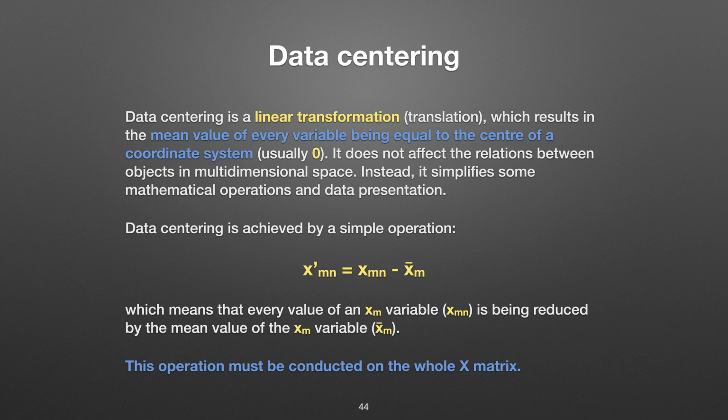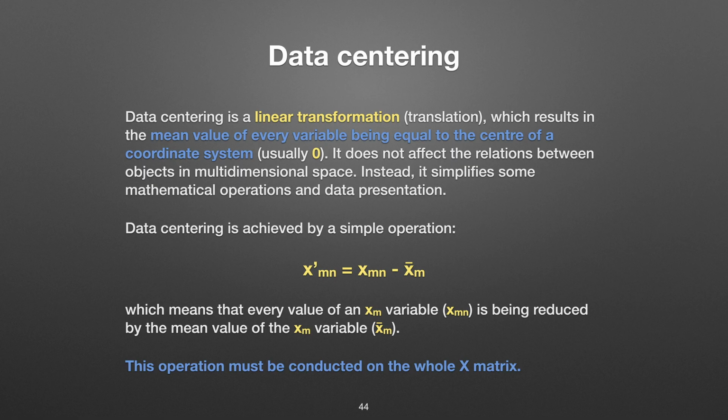Now we come to data centering, one of the most basic and most important transformations in chemometrics. Data centering is a linear transformation, basically a translation, that shifts every variable so that its mean value becomes the center of the coordinate system, usually 0. Importantly, this operation does not change the relations between objects in multidimensional space.